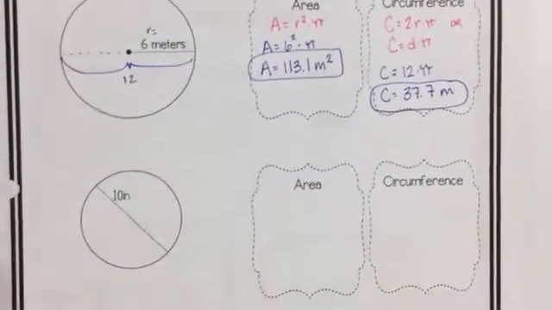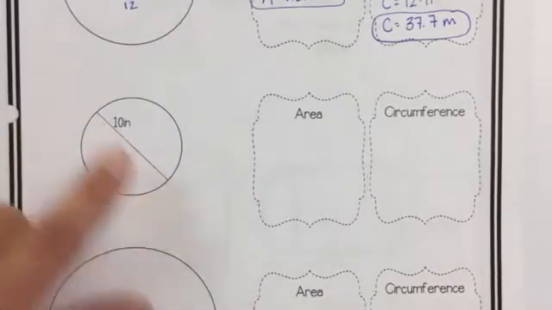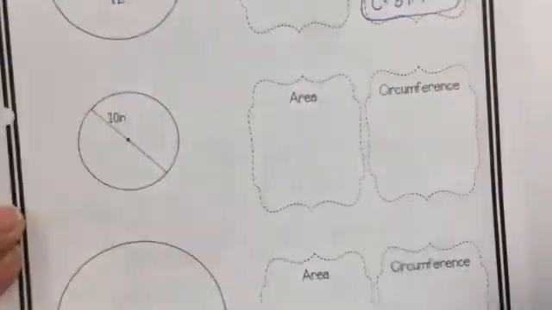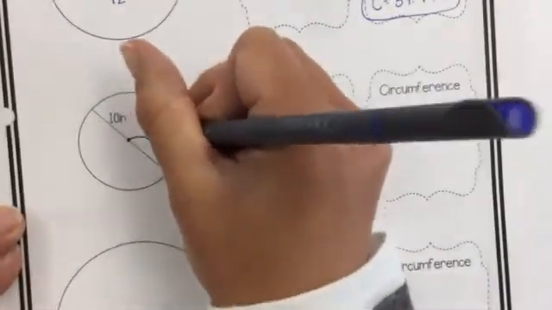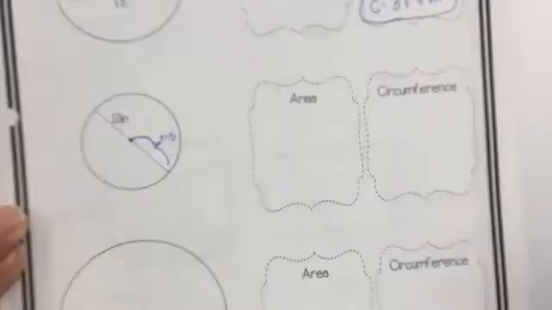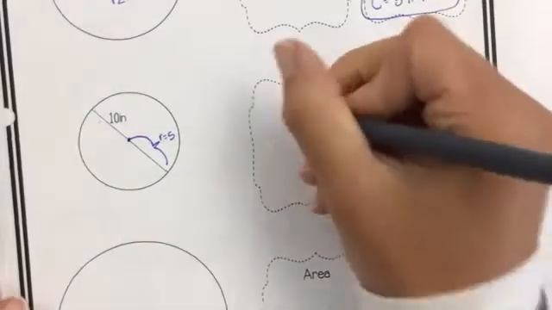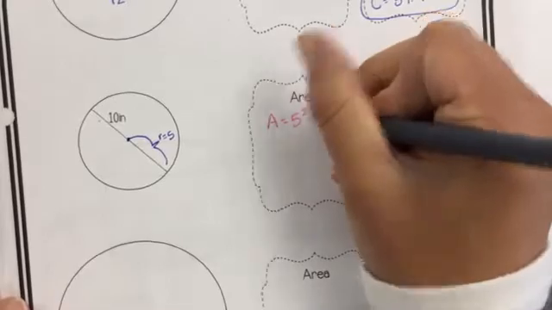Okay. So on our second circle, they give us the diameter of 10. So what's your radius? If the diameter is 10, what's the radius? 5. So our radius equals 5. So again, follow your same formula. Area equals 5 squared times pi.